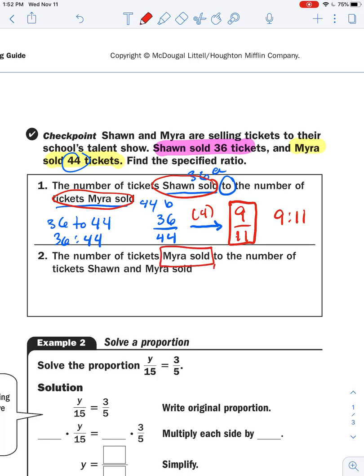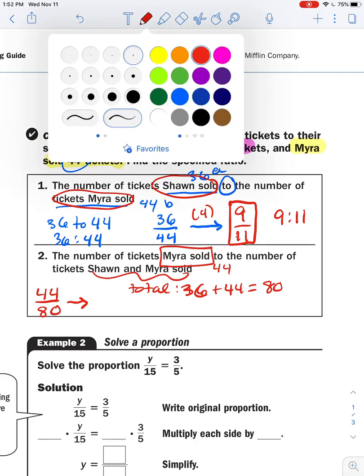In the second one, it says the number of tickets Myra sold, so looking up here, that's 44, to the number of tickets Sean and Myra sold. So this is a total. So my total would be his tickets plus her tickets, which is going to turn out, when I add those together, to be 80. So if I'm going to compare her tickets to the total, I'm going to start at 44 divided by 80.